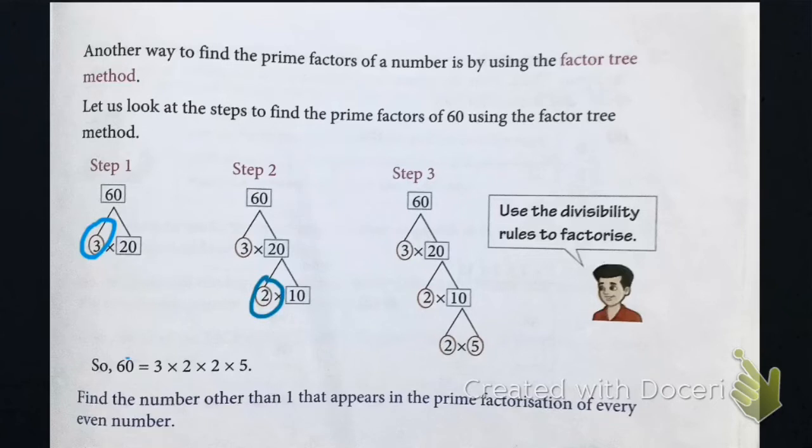Now again 10 can be written as 2 into 5, and 2 and 5 are prime numbers, so we can write 60 is equal to 3 into 2 into 2 into 5. That is our answer.